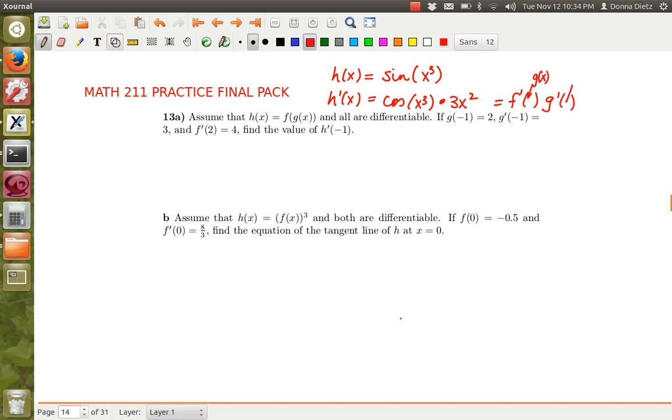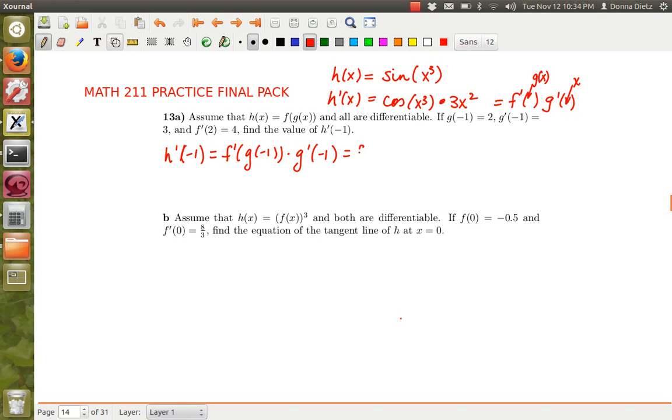Whereas this guy, the x actually goes in here, okay? And so that's what makes this problem nasty, because you got to figure out how all this stuff actually is nested. So h prime at -1 is actually f prime of g at -1 times g prime at -1.